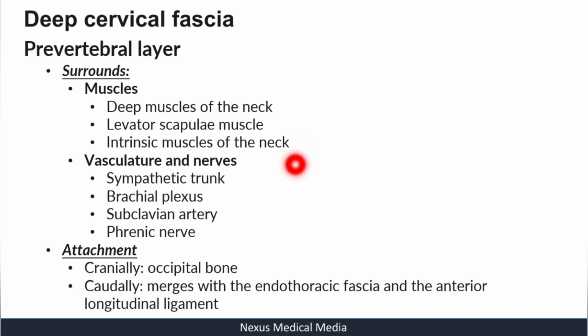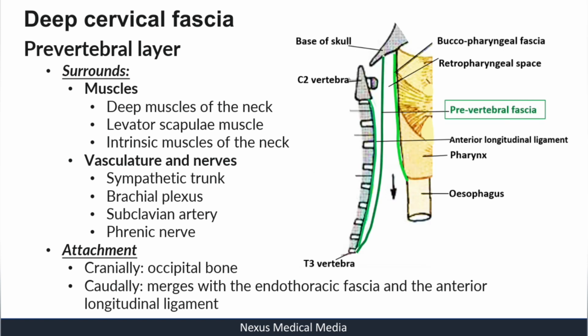Vasculature covered by the prevertebral layer includes the sympathetic trunk, brachial plexus, subclavian artery, and phrenic nerve. Attachment: cranially, it attaches to the occipital bone, and caudally, it merges with the endothoracic fascia and the anterior longitudinal ligament, as you can see here.